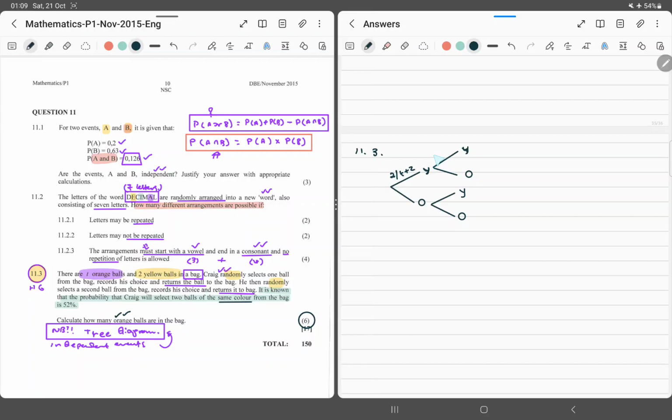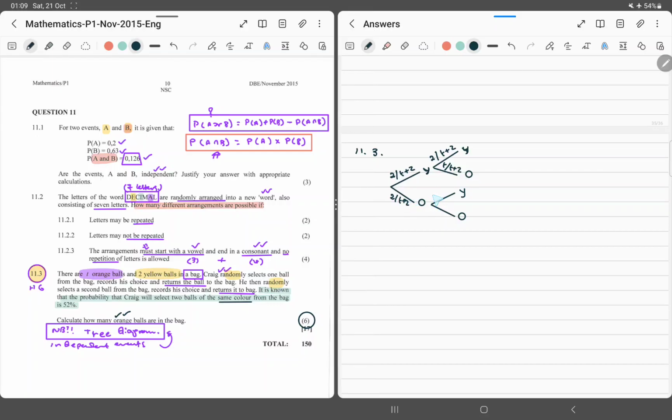And since we created independent events, this is going to be still the same T plus 2. Because we are returning these balls each time, the orange balls is T divided by T plus 2. So this is just the same thing. So we're going to have here 2 over T plus 2 because we are returning them.